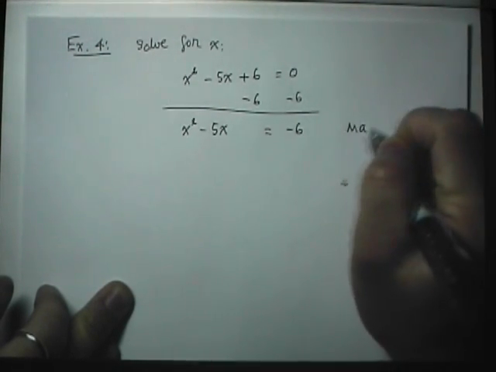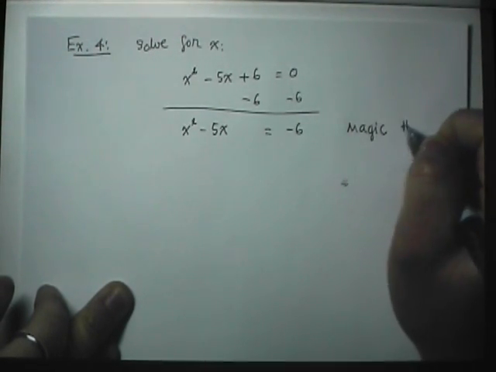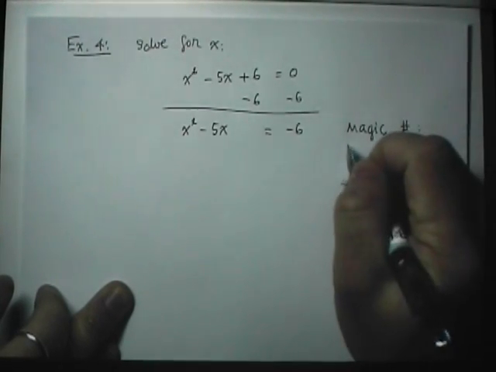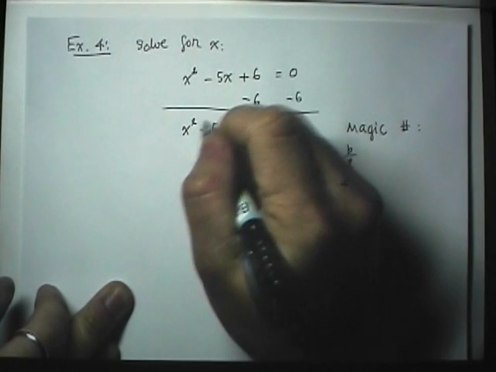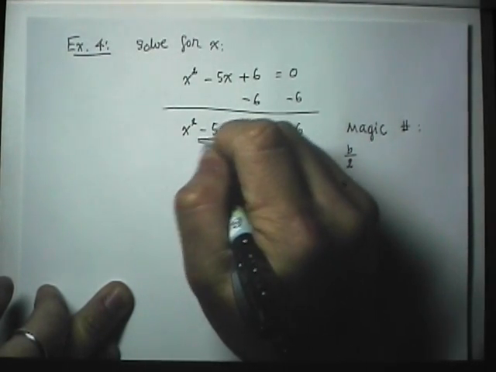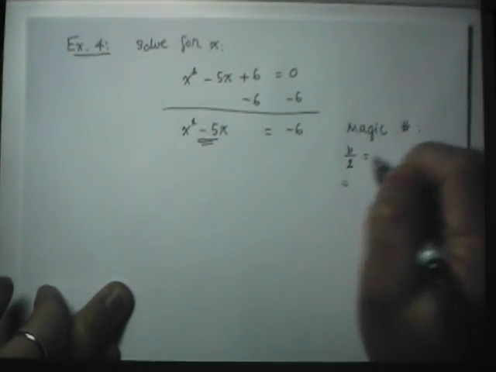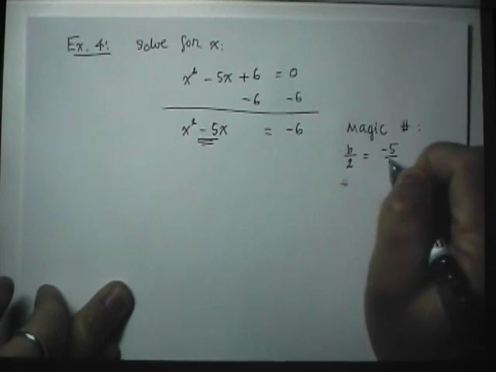The magic number that we need for this problem, once again, is b over 2. Now, b in this problem, I underline it right here, so that's going to equal negative 5 over 2.